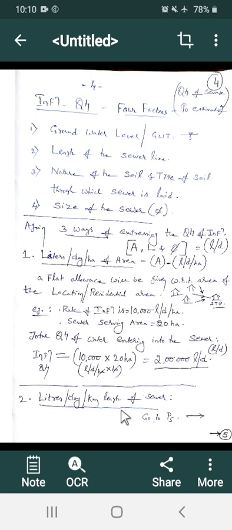Okay. Next, number 2 is liters per day per kilometer length of the sewer. The length of the sewer is in kilometers, and with respect to that, a number of joints are there. See how to determine this.